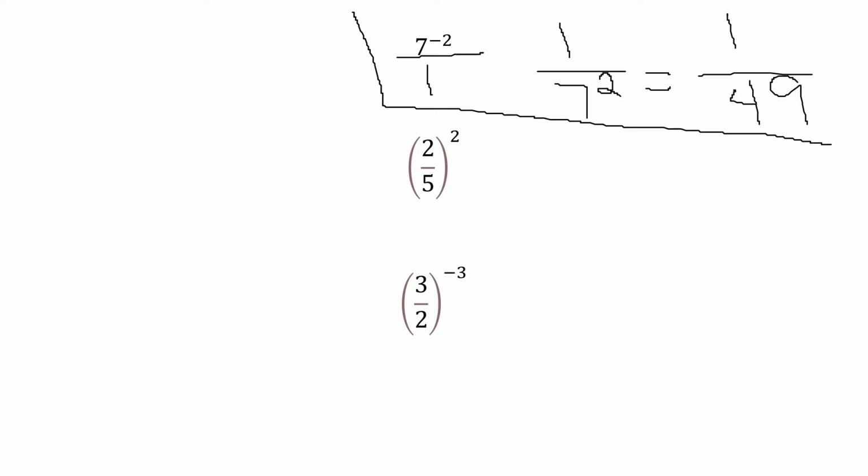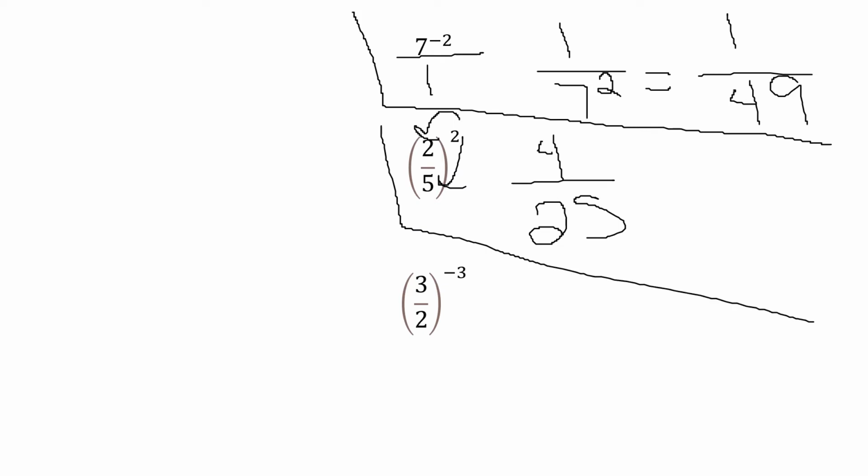I'm supposed to flip it. You only flip it if the exponent is negative. If it's not, we just work it regularly. And this becomes 2 squared, which is 4, over 5 squared, which is 25.